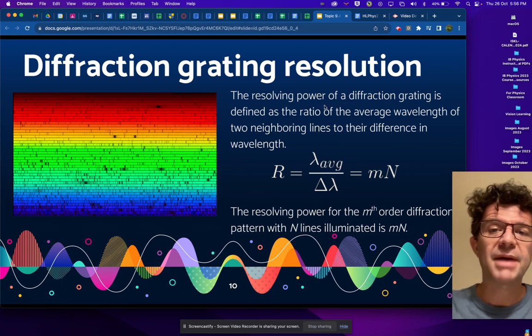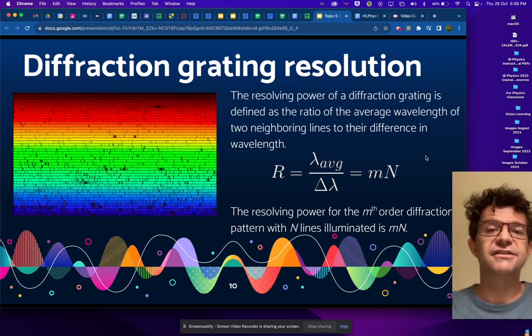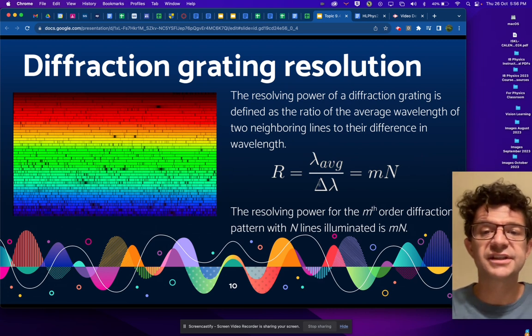The resolving power of a diffraction grating is defined as the ratio of the average wavelength between two neighboring lines to the difference in their wavelength. So the average value divided by the difference in value.